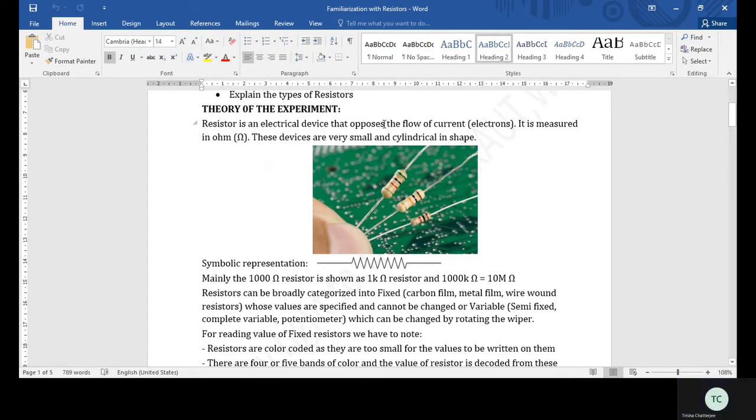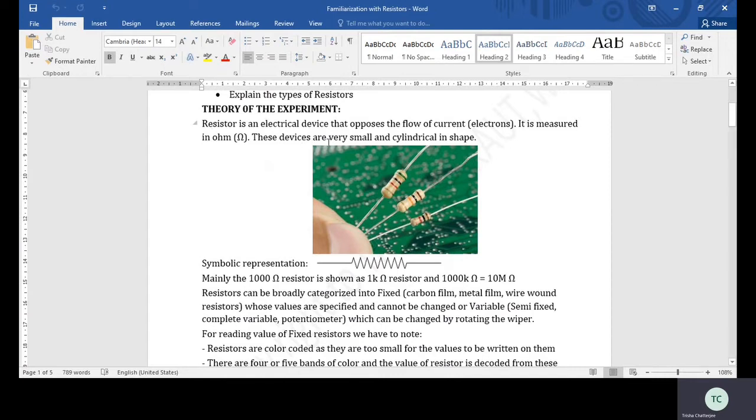Okay. So in each and every conductor or insulator, automatically there is a resistance. And if we are using a device just for calculating or applying in a network, only for the resistance purpose or to limit the current, it is called a resistor.